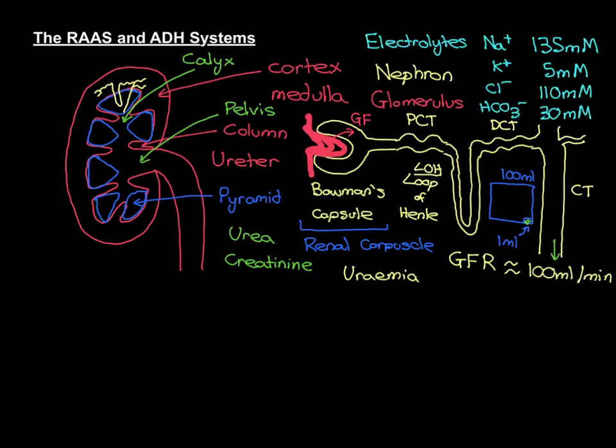And these small little proteins that are filtered in the glomerular filtrate, they will be taken up by the cells of the nephron tubules, and they'll be broken down into amino acids, and those amino acids will then be released back into the bloodstream. So the kidney actually plays this role in also breaking down certain peptide hormones such as insulin.